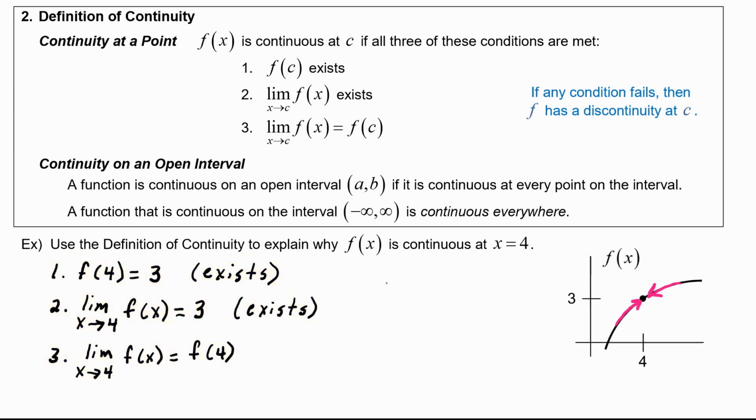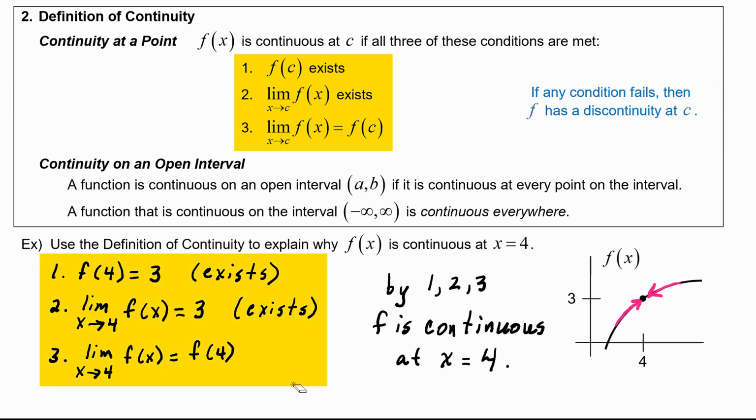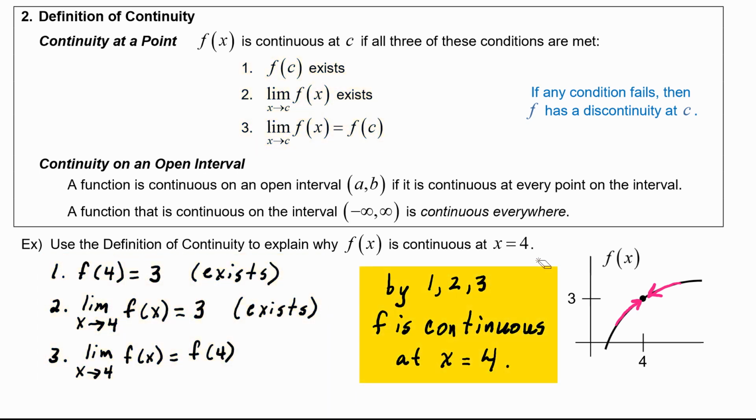So what we can say then is by 1, 2, and 3, f is continuous at x equals 4. So we had to show that all three steps of the definition were satisfied, which is what we did here, and then we can make our conclusion that f is continuous at that point of x equals 4.